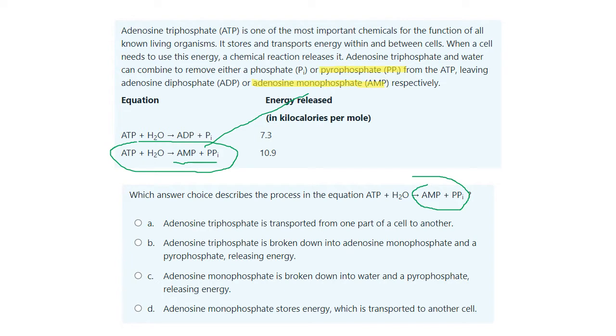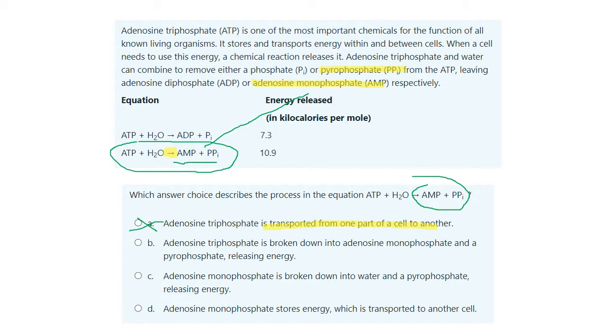So let's have a look. A, adenosine triphosphate is transported from one part of the cell to another. Well, this does not mean transported, this means changed. This is a chemical reaction. It's not about the transportation of ATP.